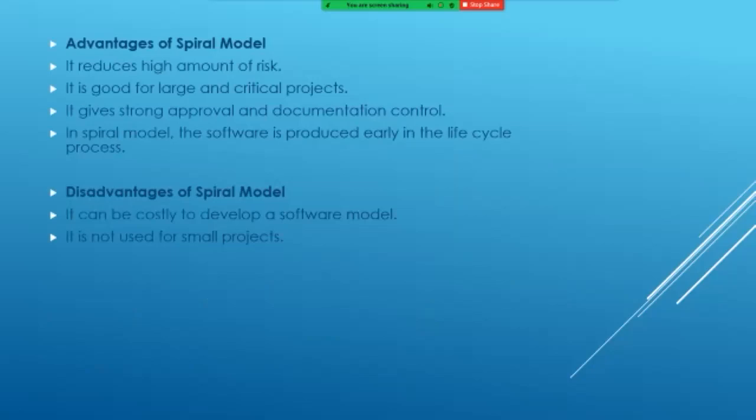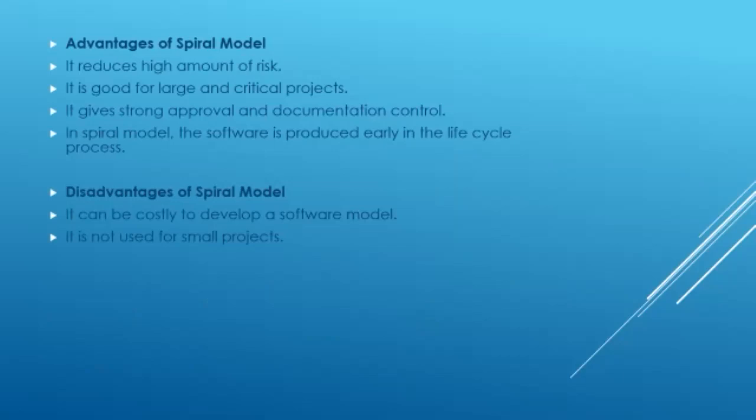Here are some advantages of this spiral model. It reduces high amount of risk. It is good for large and critical projects. It gives strong approval and documentation control.